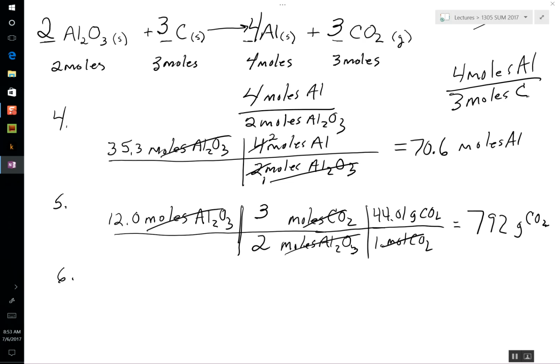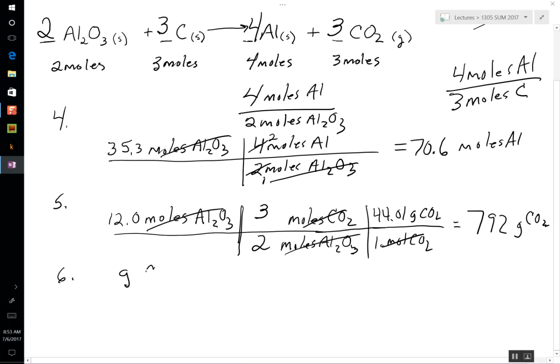So we're going to convert the grams of carbon into moles of carbon. And then with this kind of problem, we're going to convert the moles of carbon into moles of aluminum. And then we're going to convert the moles of aluminum into grams of aluminum. That's the path we're on.